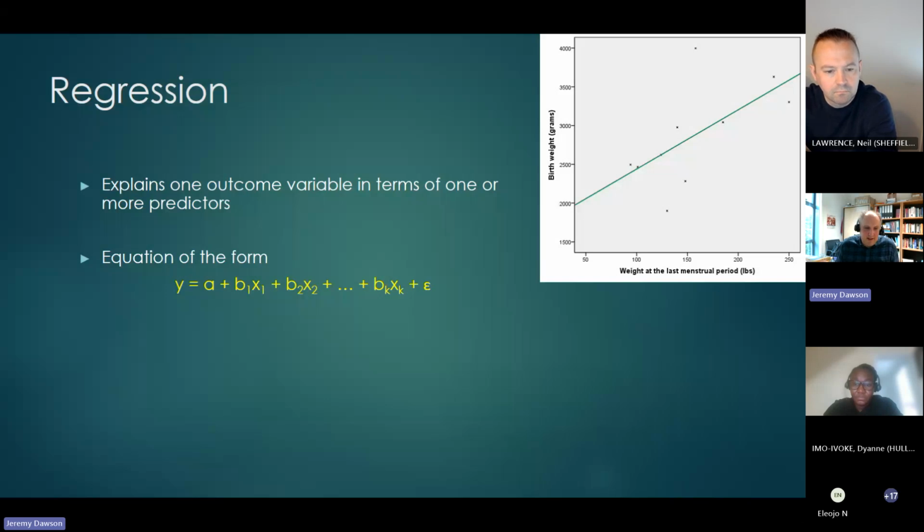In other words, they tell us as the variable x1 increases by 1 unit, what do we expect to happen to the outcome?